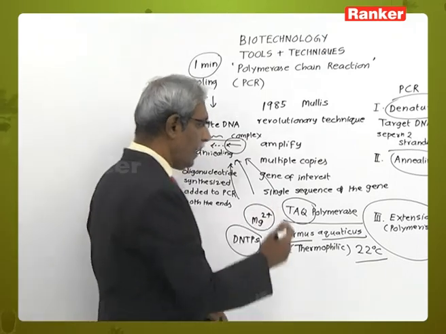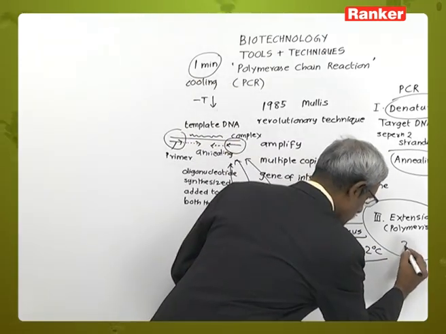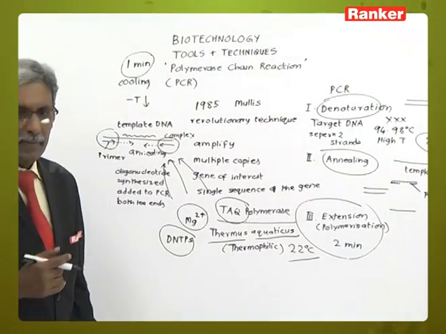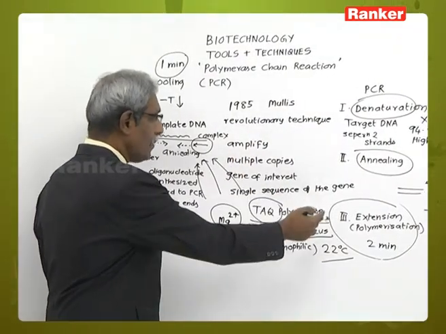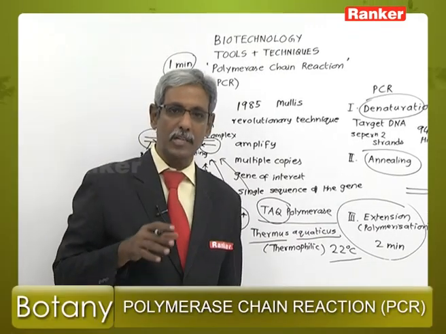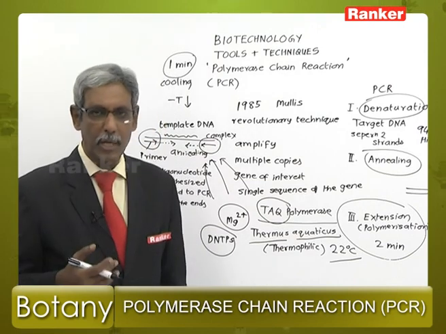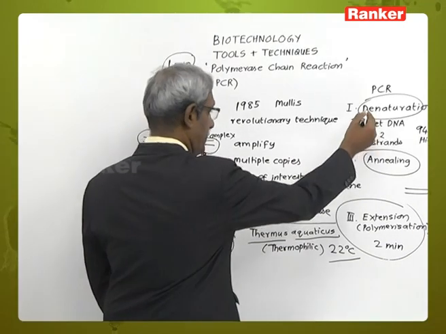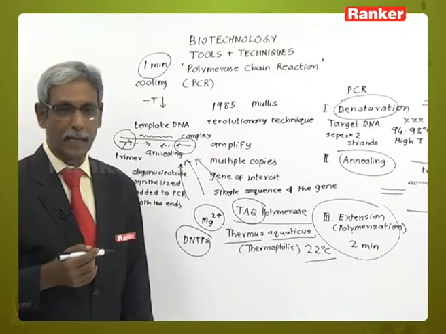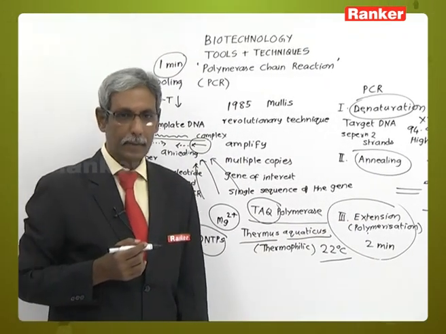And the time for polymerization is 2 minutes. So, in 2 minutes the entire sequence finishes off. So, in a PCR cycle, or polymerase chain reaction cycle, we have the repetition of denaturation and polymerization. These are the two important components which keep on getting repeated again and again.